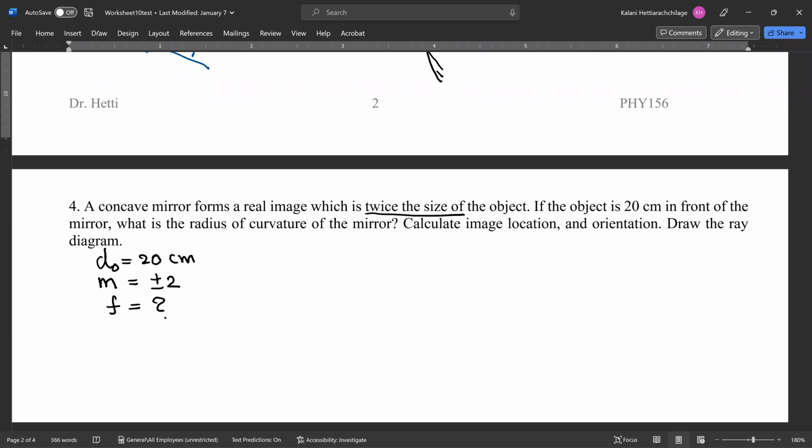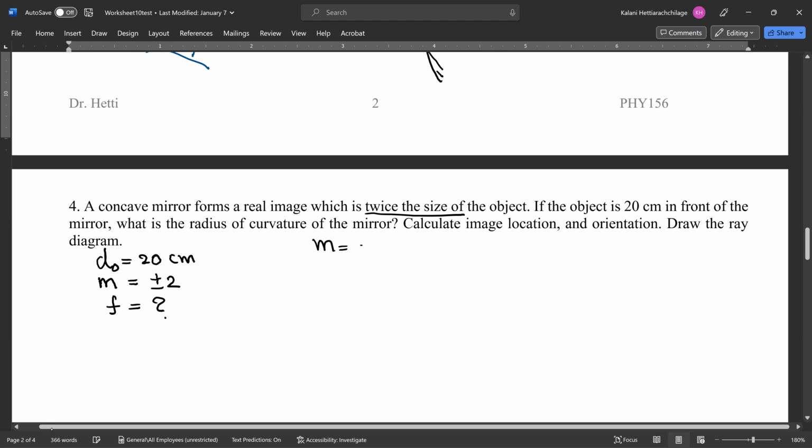Right? So now let's say what we know from the magnification. Magnification is equal to negative DI over D naught. If I use the magnification as positive, you're going to get the DI as virtual. If I use M as negative, then DI is going to be positive.